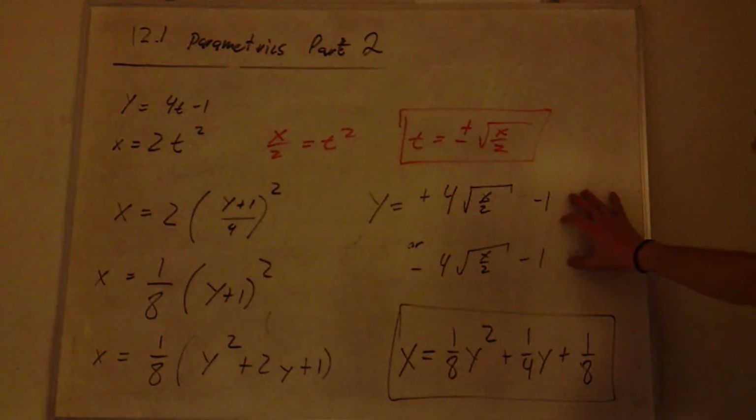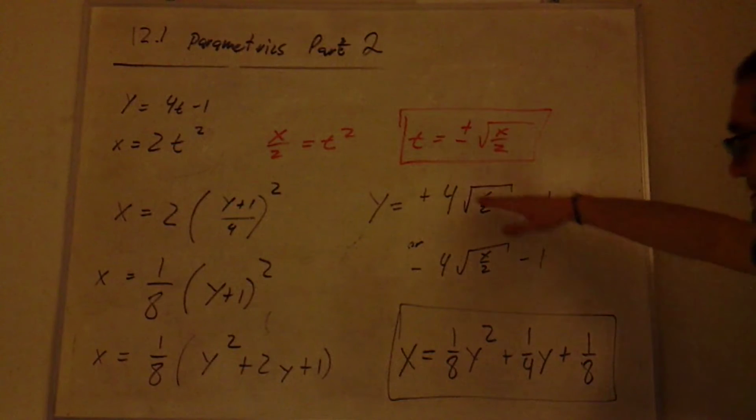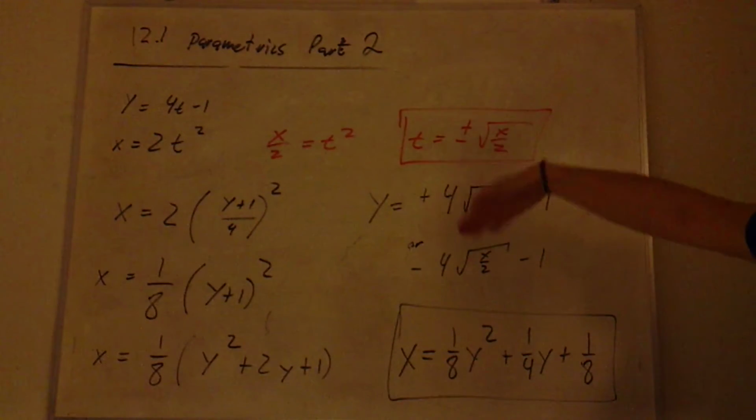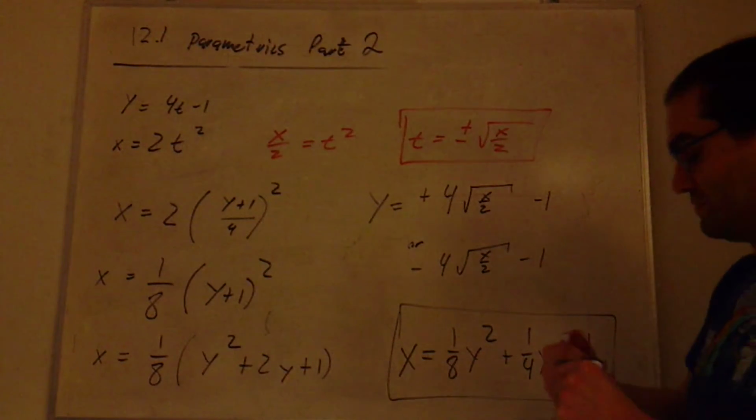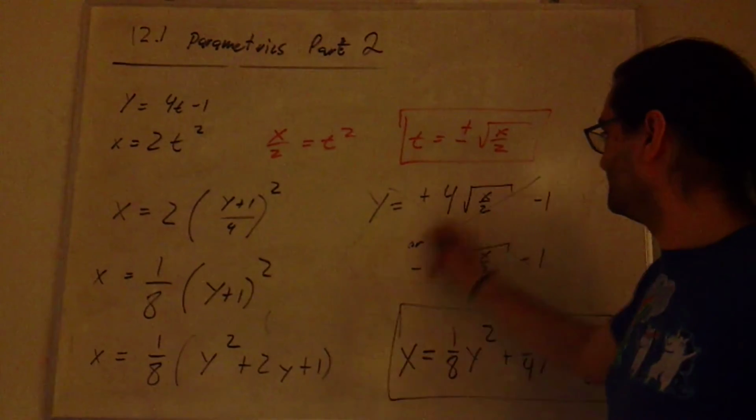For this particular example, this two separate versions of the problem thing is why we are not really going to solve this explicitly for y. So don't do this.